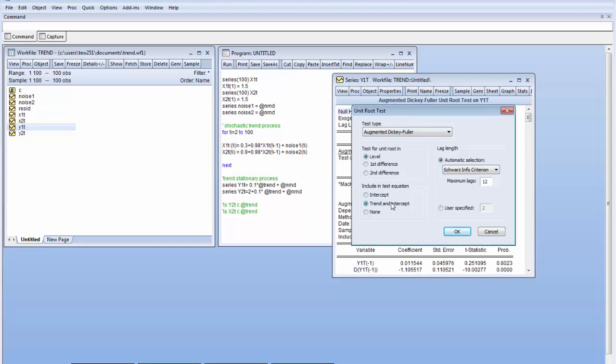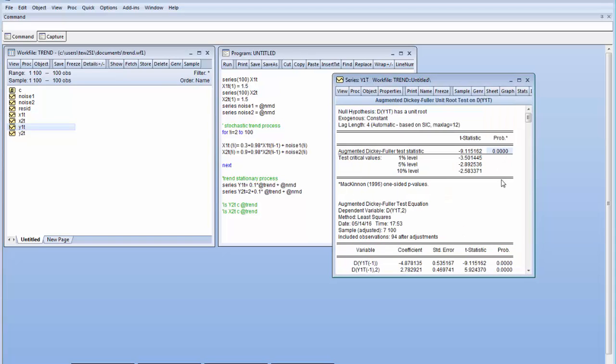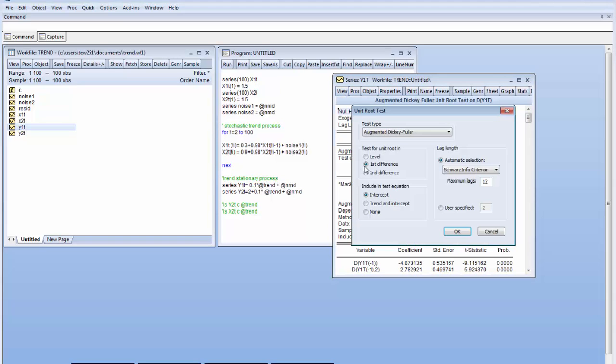But then choose trend and intercept, because if you don't and you conclude at this stage that there is a unit root, you probably make a mistake, because if you first difference, you get a stationary process, because you're now rejecting the unit root at the first difference. However, be careful, always test at levels and always include the test for this too, and of course for this as well.